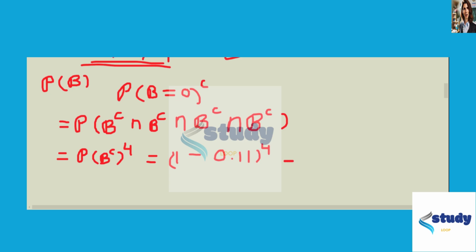So, this is equal to 0.89 raised to 4, which is equal to 0.627.